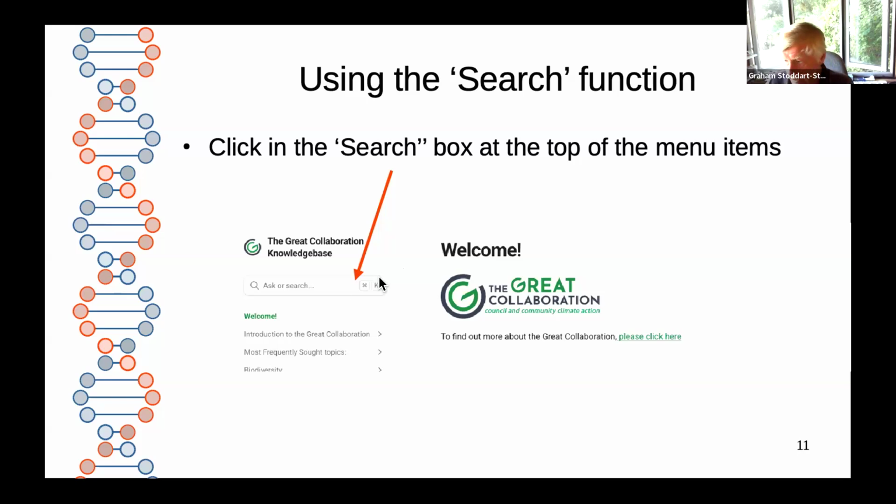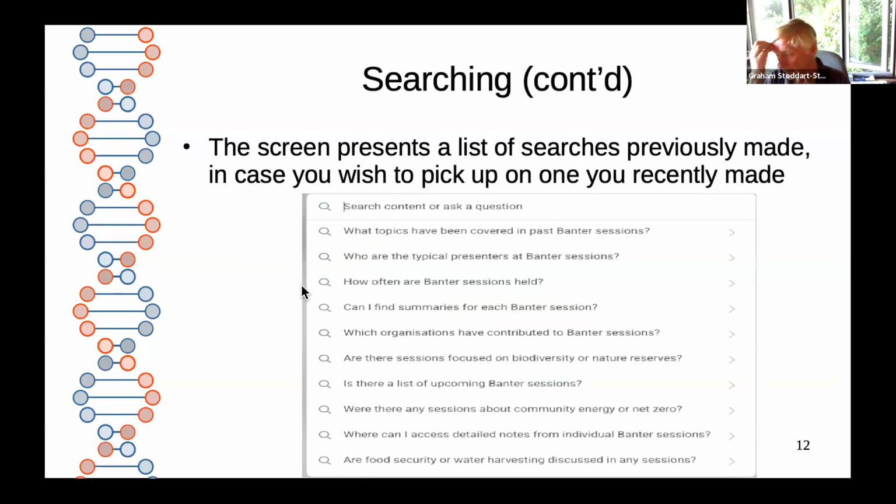So just click anywhere in the search box to bring it up, and up it comes with a screen of previous searches if you've made them. If you haven't, then you'll just get the top line, the search content, and you can start typing whatever you want into that top line up here.